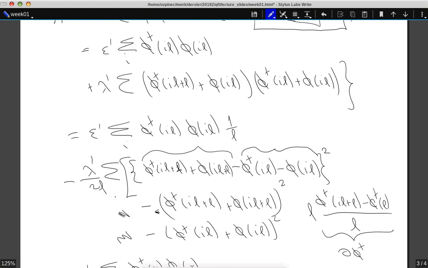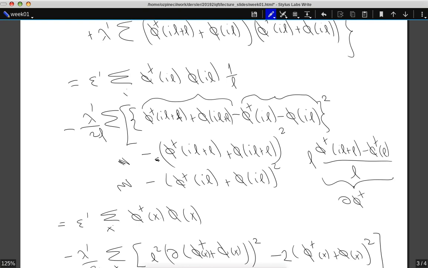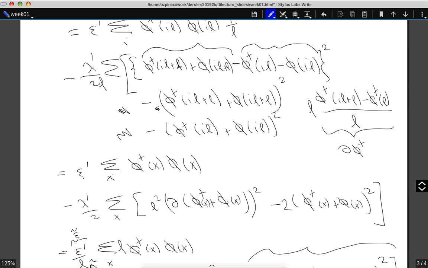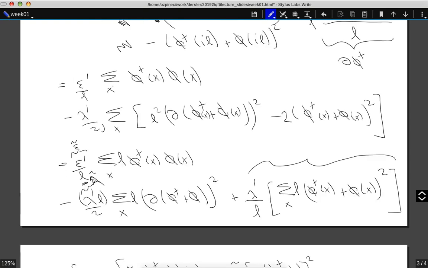Here there is an additional factor of L already. So from these I get 1 over square root of L, and from these I get 1 over square root of L. So there are 2 such factors over there. This derivative is correct. So here I already have a factor of 1 over L. Here lambda prime is divided by L.